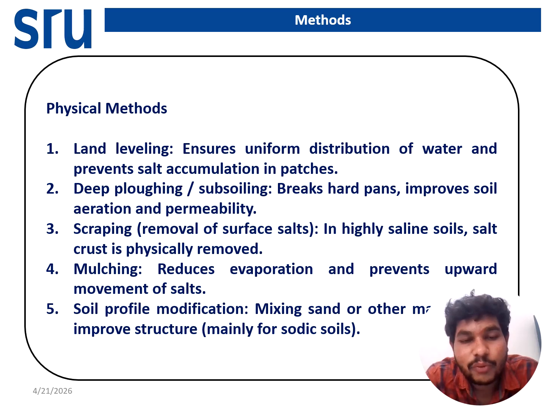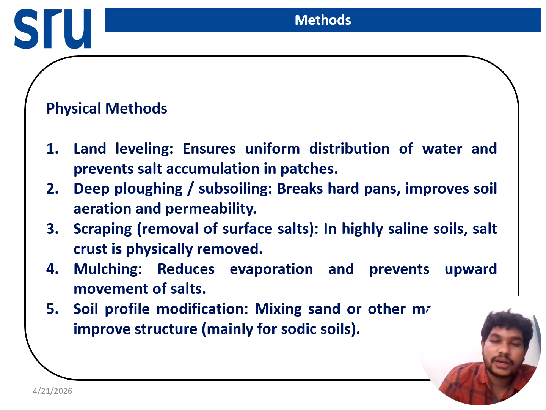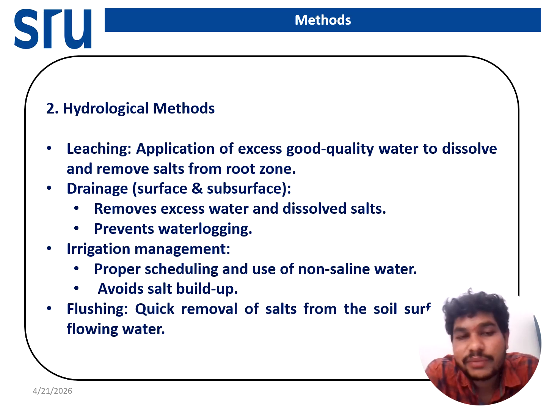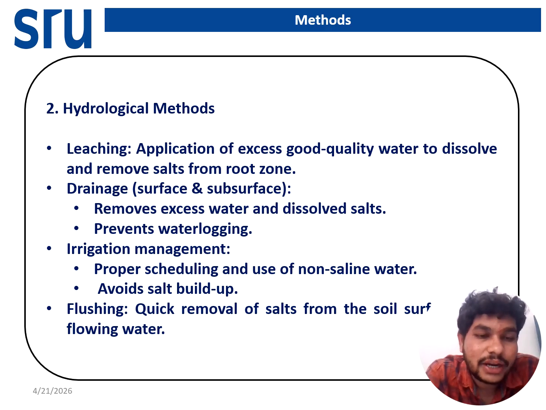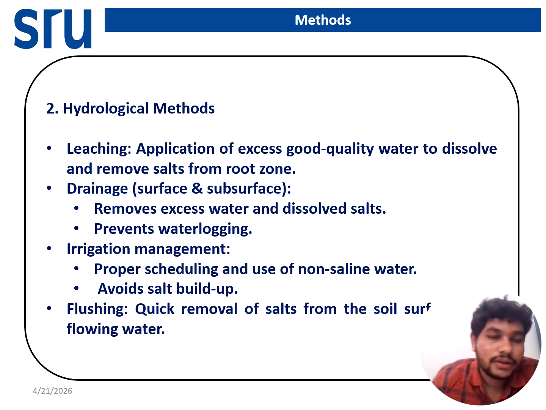And soil profile modification means we change the texture of the soil by adding sand, so that the infiltration and permeability of soil will increase. Then in the hydrological method, we have seen leaching with good quality water. Then the drainage, surface and subsurface drainage. Then irrigation management with proper scheduling with good quality irrigation water.